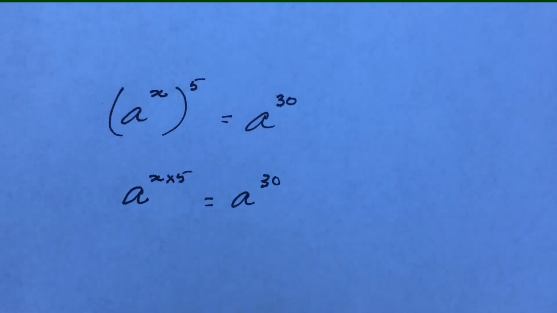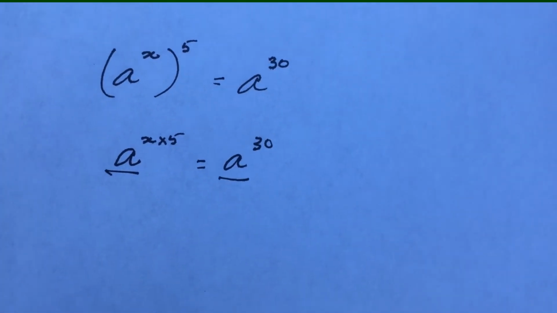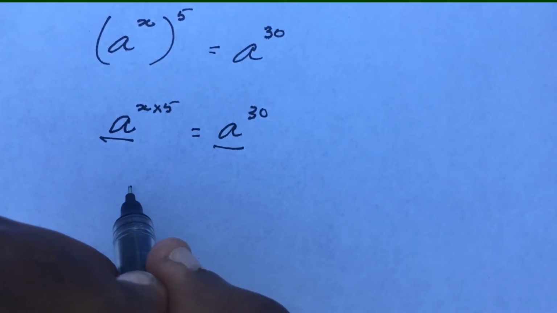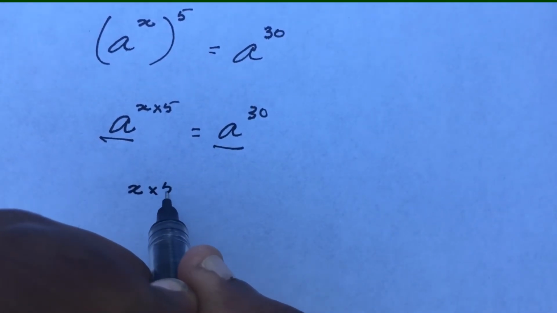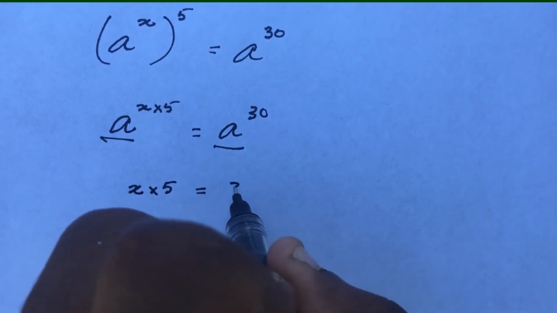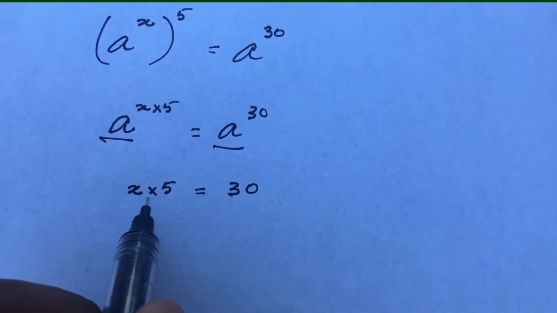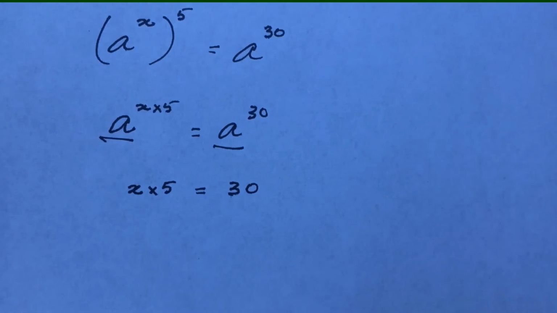Right? Now that the bases are the same, a, what we need to do now is to equate the powers. So we're going to have x times 5 must be equal to 30. I think you might have seen something like this before. So I now need to think about what number I multiply by 5 to get 30.